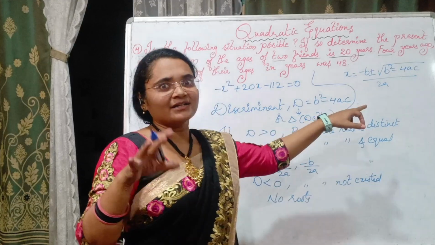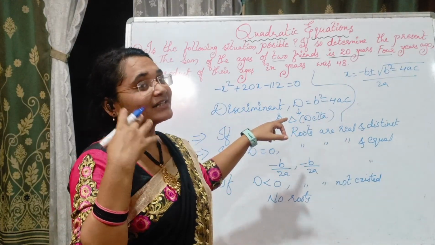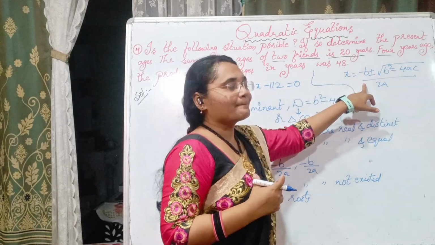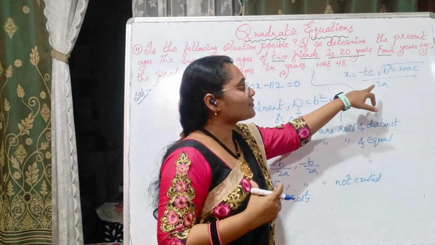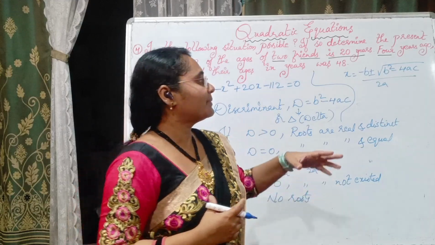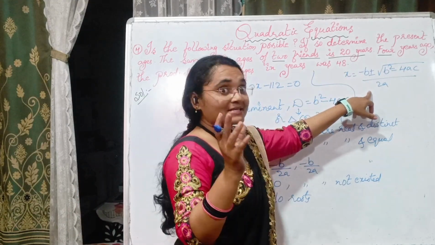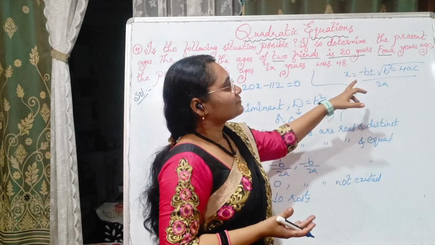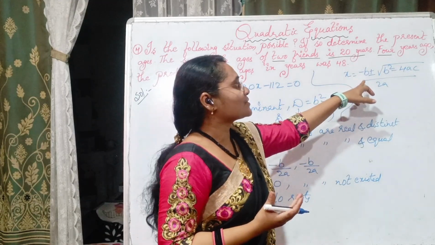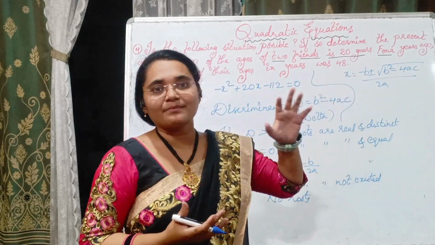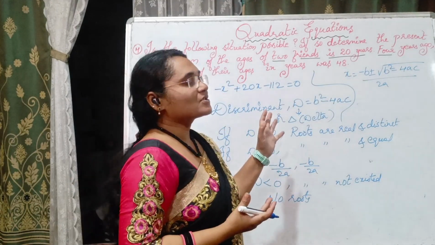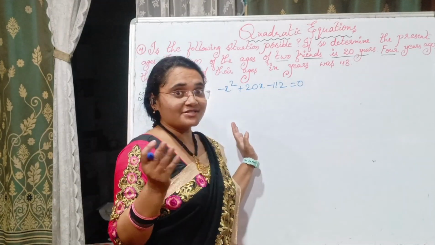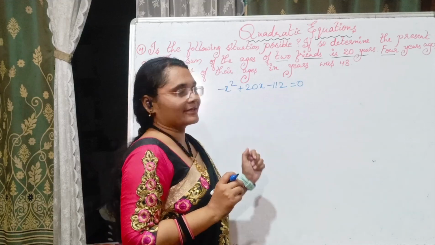By seeing this formula, you may recall what your sir or ma'am has said in class. Plus will give one root and minus will give the other root. So to find the values, x is equal to minus b plus or minus root of b square minus 4ac by 2a, that is the quadratic formula. Either the first, second or third condition will be satisfied by the discriminant.